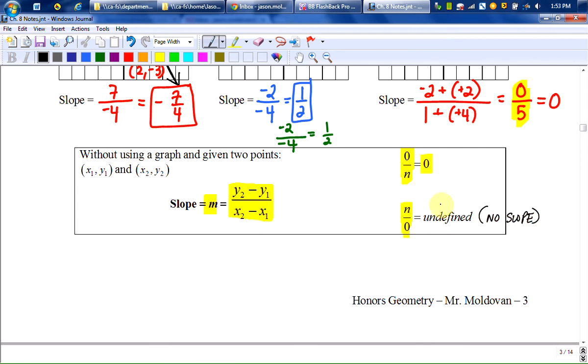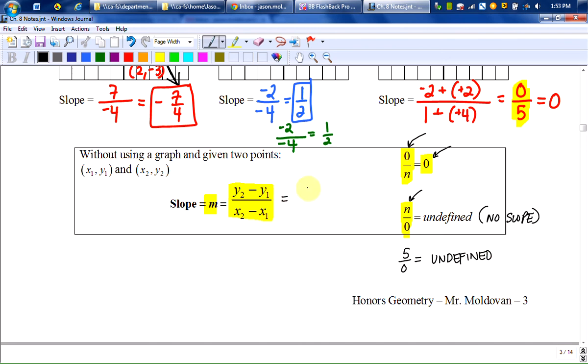So you have to know which one's which, because you can't just stop here. You must go to this part, which is the simplified form, and the same thing here. You can't just stop and leave 5 over 0 on the test. You need to tell me that this is undefined, because otherwise I'll assume that you don't know the difference.